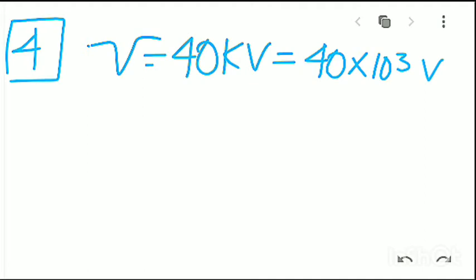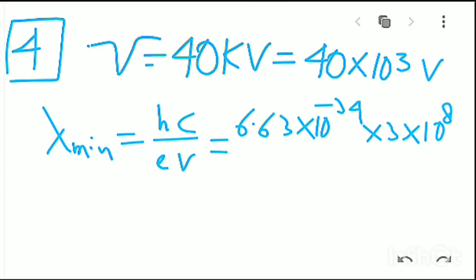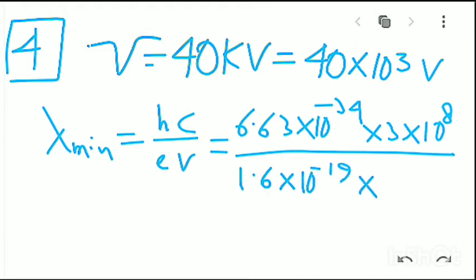How will this wavelength change if the target is made of another material? We will also find this portion, but let's first find the minimum wavelength. The formula we have written before is lambda min equals hc by eV. So 6.63 into 10 to the power minus 34 into 3 into 10 to the power 8, divided by 1.6 into 10 to the power minus 19 coulomb into the potential difference, 40 into 10 to the power 3.